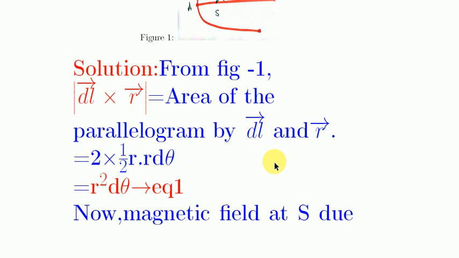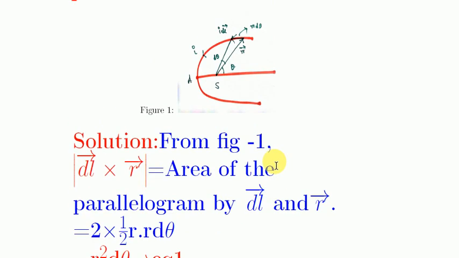So now let us see the solution. This is figure 1. From figure 1 we can say mod of dl vector cross r vector equals the area of the parallelogram by dl and r.